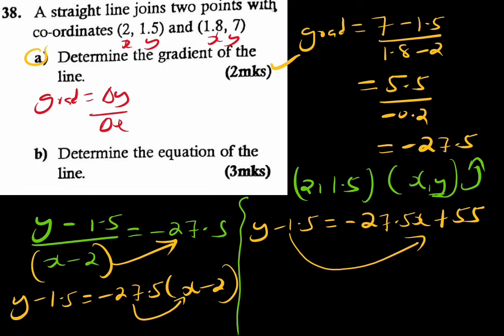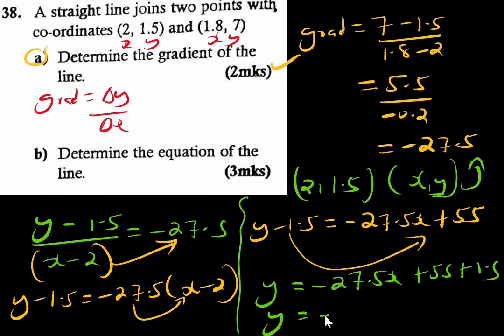Therefore, my equation becomes y is equal to negative 27.5x plus 55 plus 1.5. If I add, I get y is equal to negative 27.5x plus 56.5. So this is the equation of this line, and we score 3 marks. So we continue.